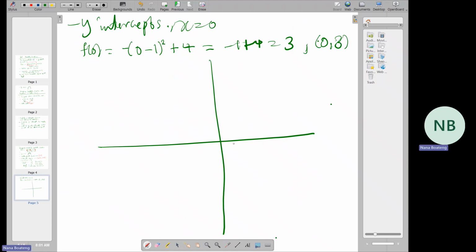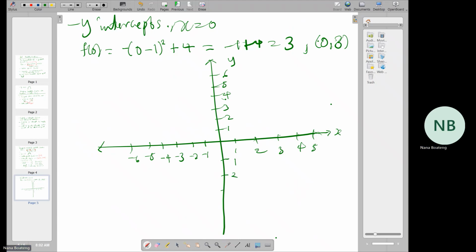So we draw the axes: this is x, with 1, 2, 3, 4, 5, and this is y, with 1, 2, 3, 4, 5 going up and -1, -2, -3, -4, -5, -6 going down.